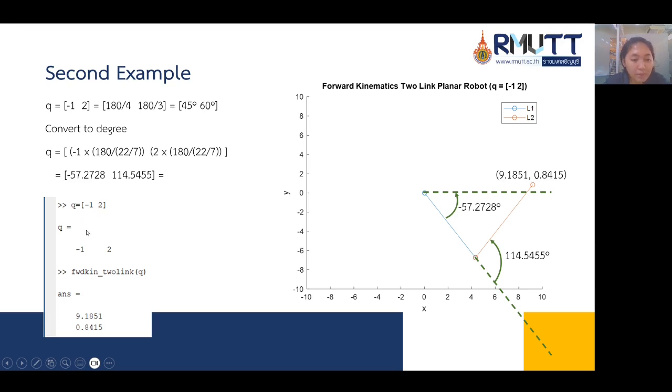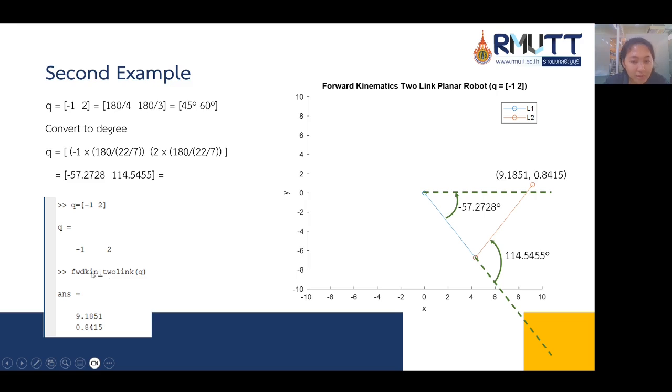And then in MATLAB, the same. After the M file is done, just give the value of matrix Q. This is the joint angle with the first element -1, and then the second is 2.